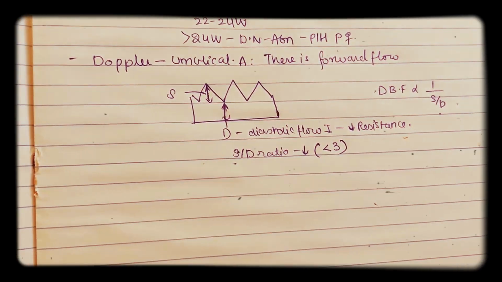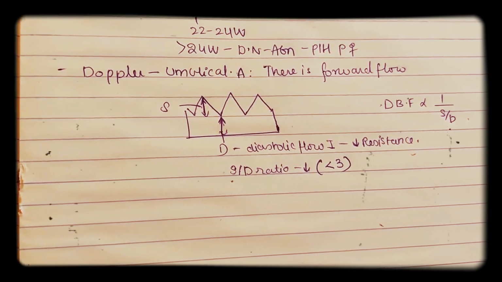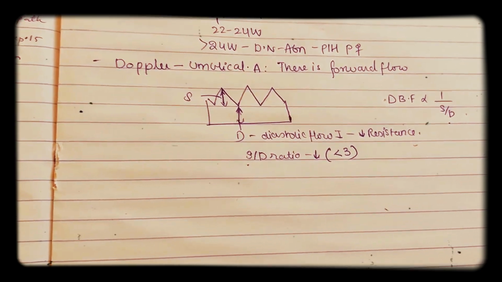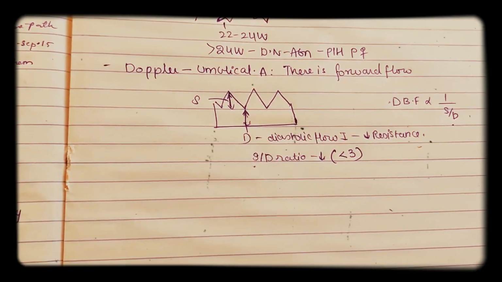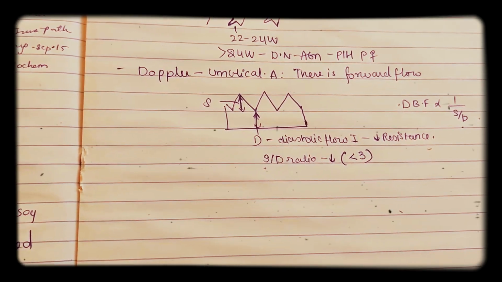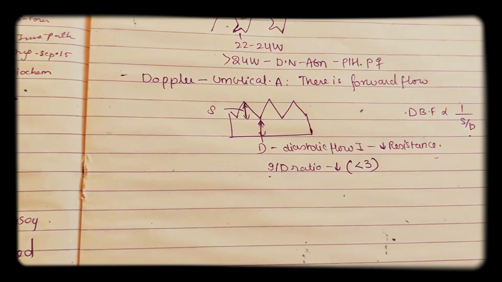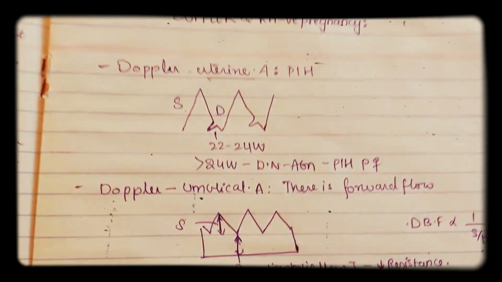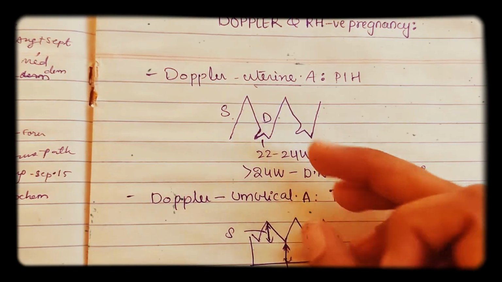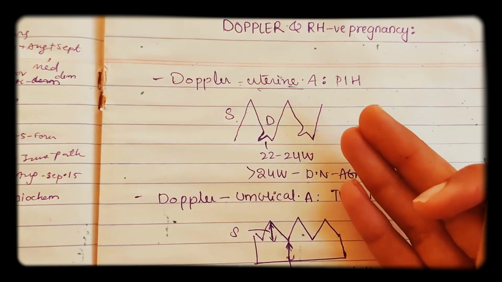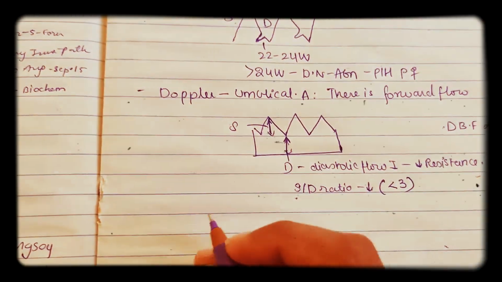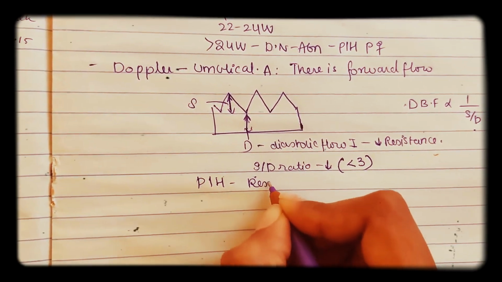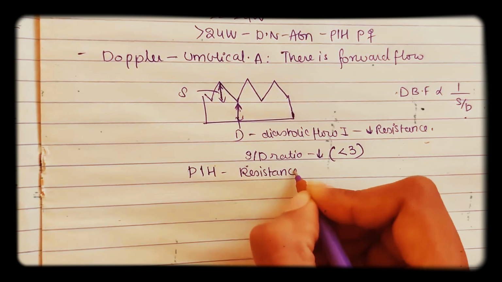So in the case of uteroplacental insufficiency or pregnancy induced hypertension, the pressure increases. As the pressure increases, the peripheral vascular resistance increases. So the amount of blood which is flowing into the diastole decreases. So in the case of PIH, let me write down here, the resistance is more, the peripheral vascular resistance is more.